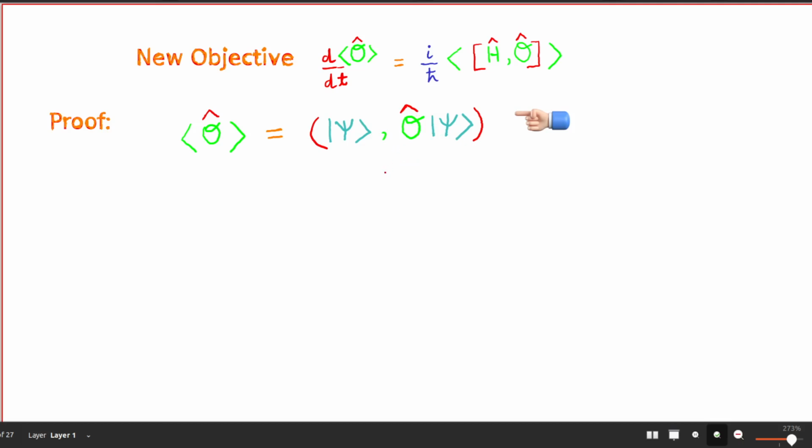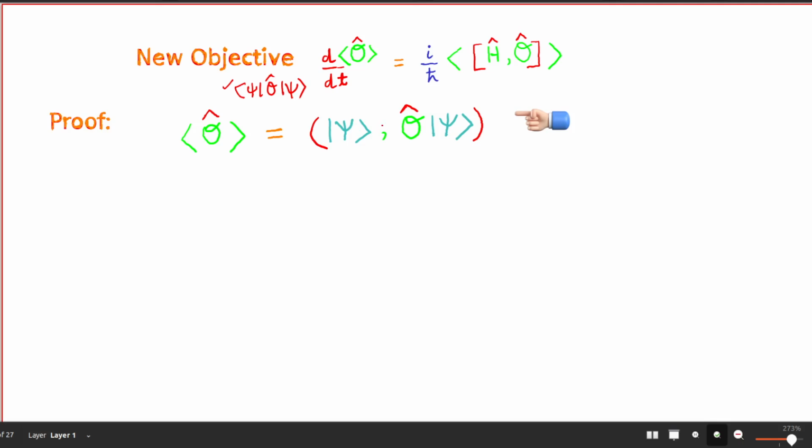In most quantum mechanics texts, this is usually written in Dirac notation like this. In Dirac notation, the expression for the expectation value is written like this, where the observable is sandwiched between the bra and ket vectors.